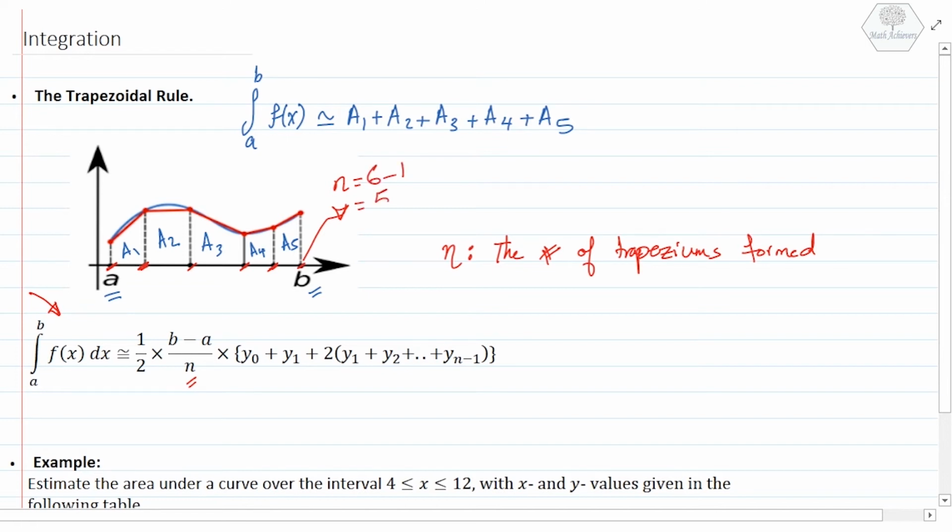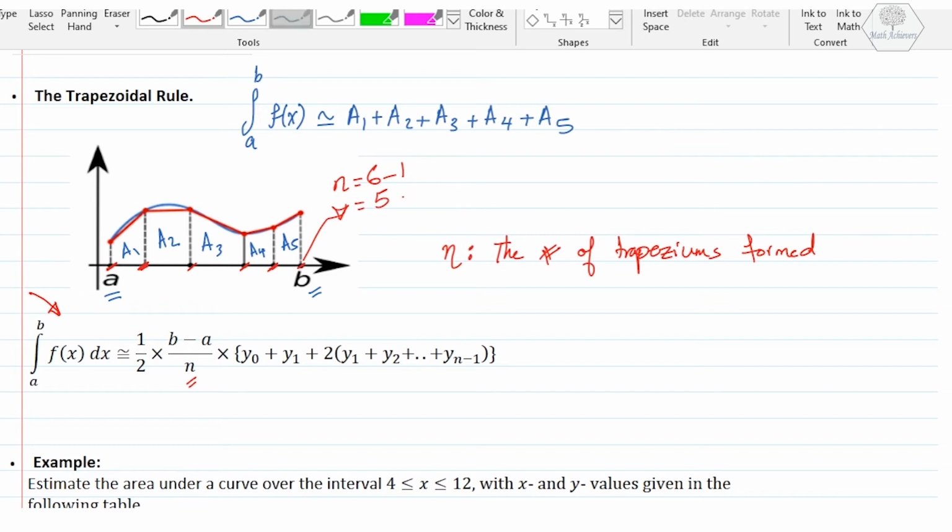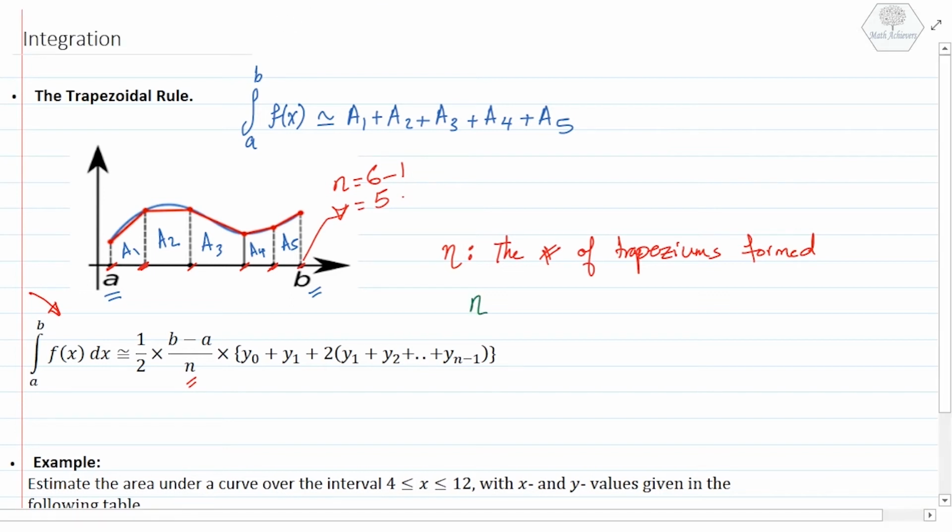The number of trapeziums is 5. So always n is equal to the number of values minus 1.